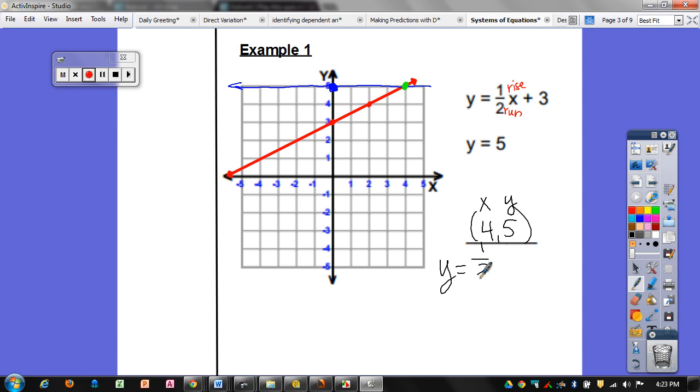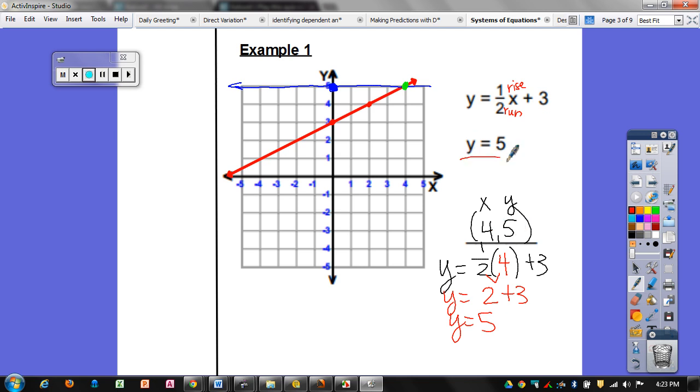So for y equals 1/2 x plus 3, I'm going to plug in this 4 right here and solve. So y equals 1/2 times 4, which is equal to 2, and 2 plus 3 equals 5, which is what we have here. So anytime you put in a 4, your output's going to be 5.